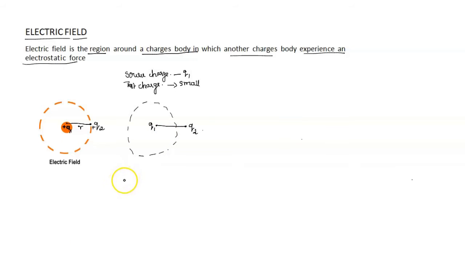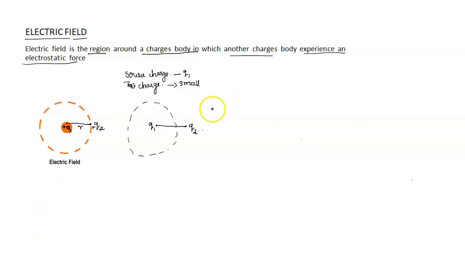So we can conclude that if Q2 is within the region created by Q1, then there will be attraction or repulsion depending upon the sign. Any charge which comes inside this field will be attracted or repelled by Q1 depending upon the charges.